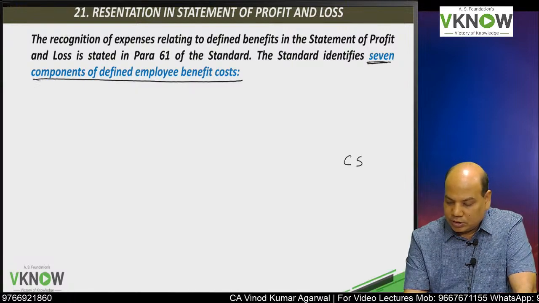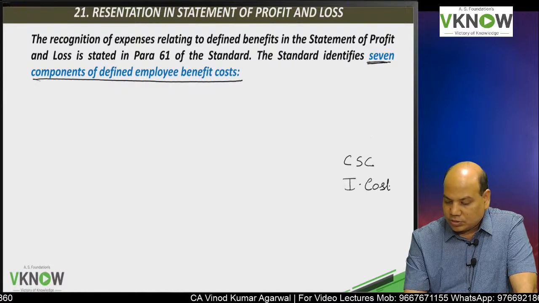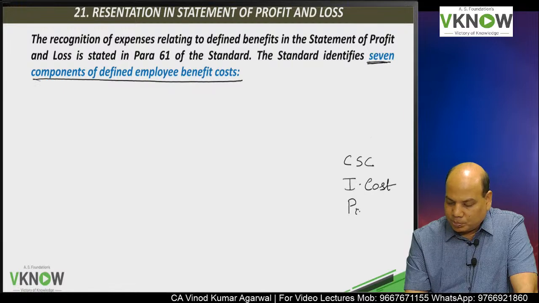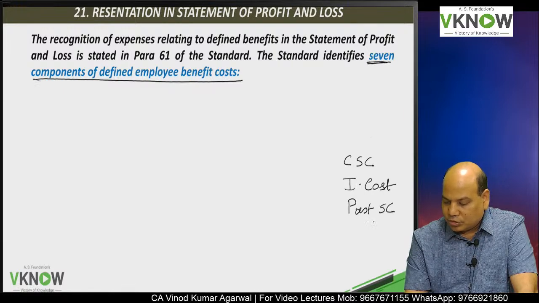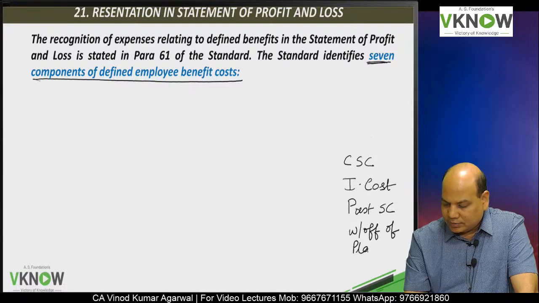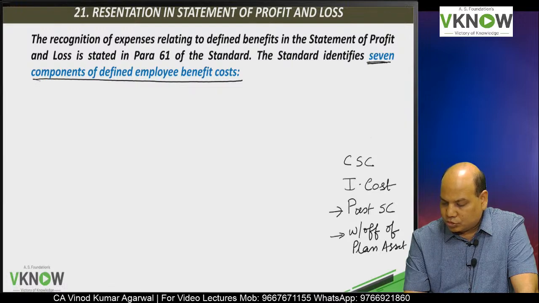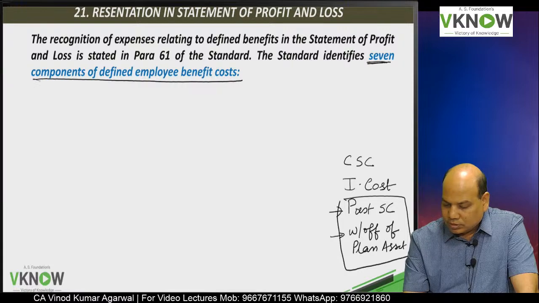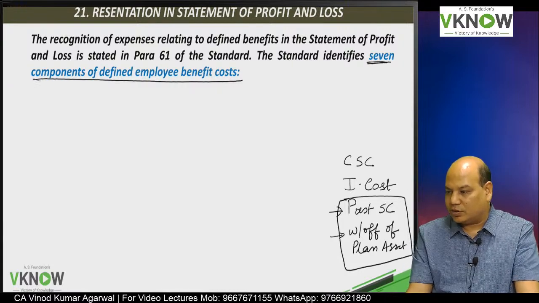We have seen current service cost, we have seen interest cost, we have seen past service cost, and we have seen write-off of plan asset in the last discussion of balance sheet. These we have discussed in the discussion of balance sheet.